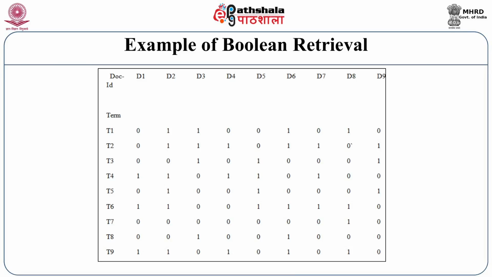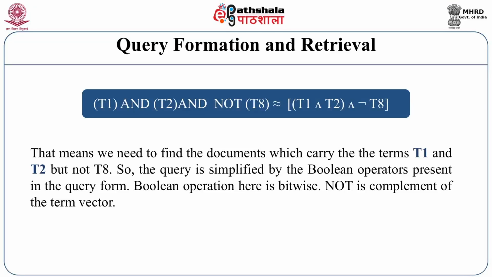Suppose the query is: find those documents where term T1 and T2 are present but T8 is absent. So the query can be translated into Boolean notation, that is T1 AND operator T2, then again AND operator, NOT T8.